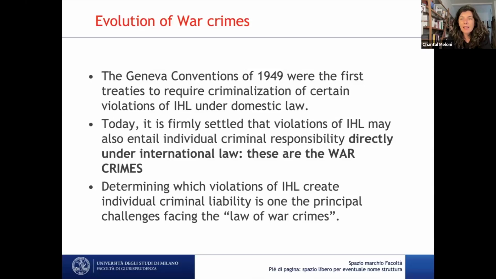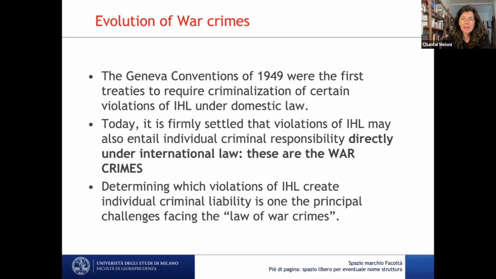The fact is that sometimes it's not that easy to determine which violations of international humanitarian law create such an individual criminal liability.